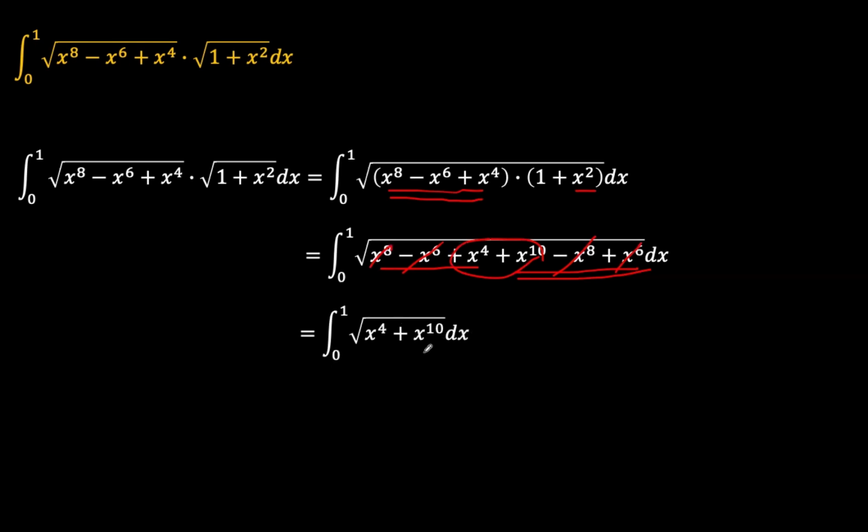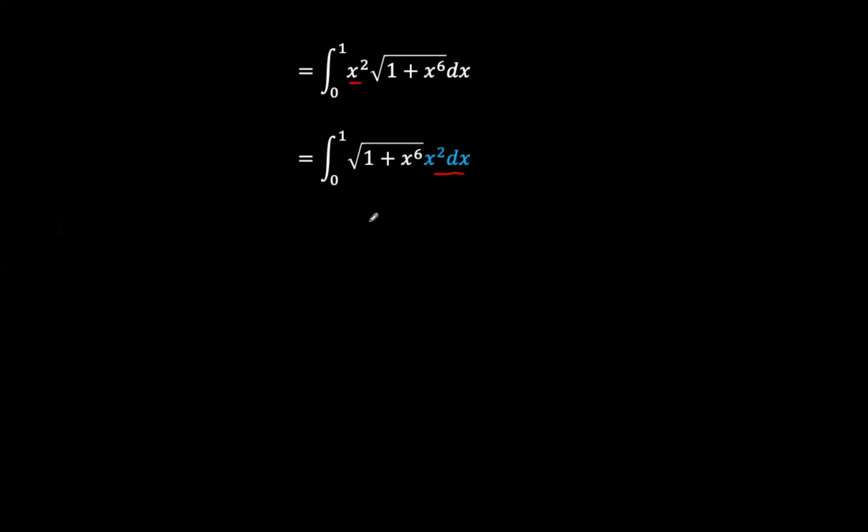Then we can pull x to the power 4 out, and when you get the square root of that, we have x squared, and then 1 plus x to the power 6, which is interesting. And the next step for us is to combine this x squared and dx.